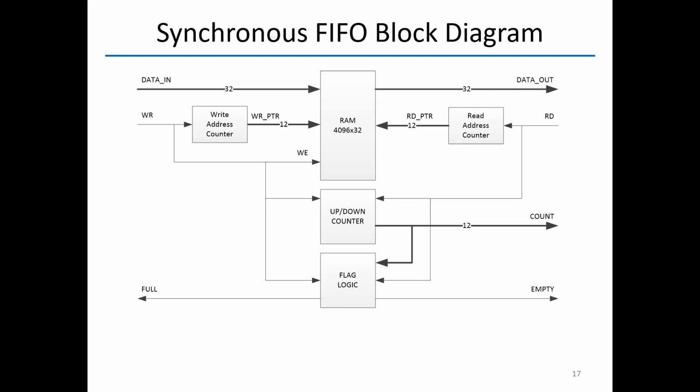I finished reading all of my memory that was written legitimately by the write command through the data in. If you do any more read, I need a flag. So this flag will come in here and will raise the flag empty. So the up-down counter is very useful for the flag.